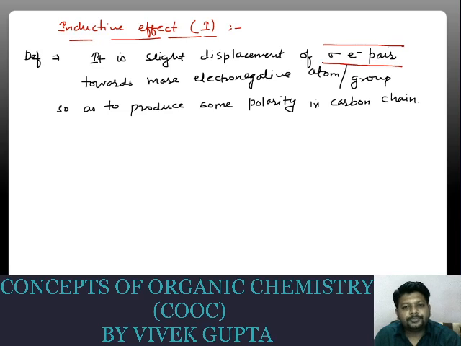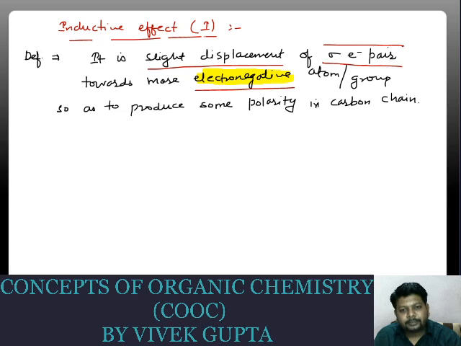What is the definition part? It is the slight displacement of electron pair towards more electronegative atom or group so as to produce some polarity in carbon chain. Means the key point in this is electronegativity; the effect depends on the electronegativity of the element or the group.